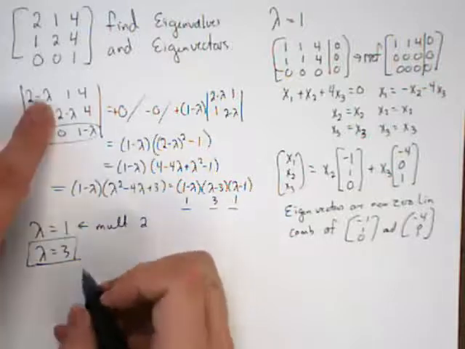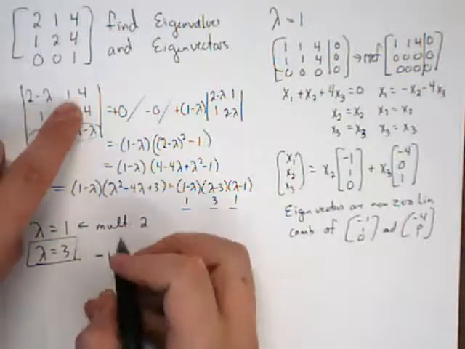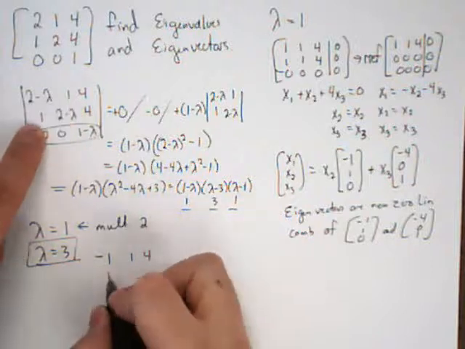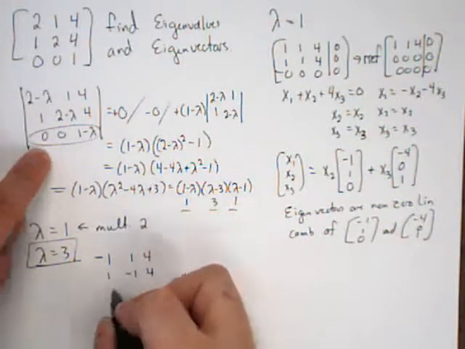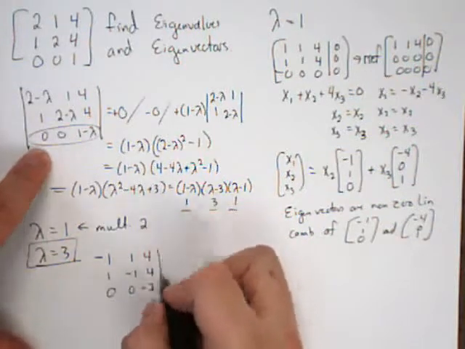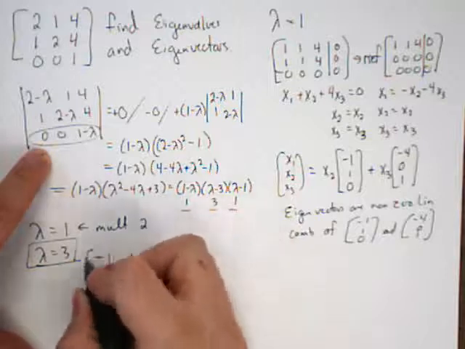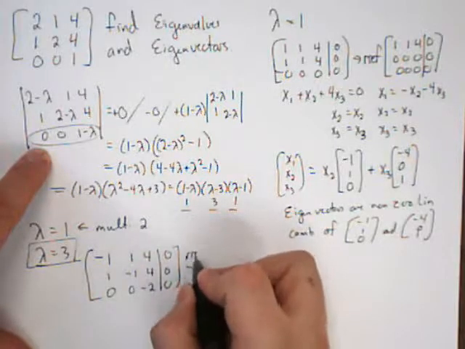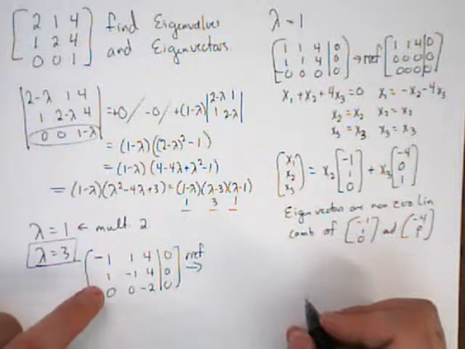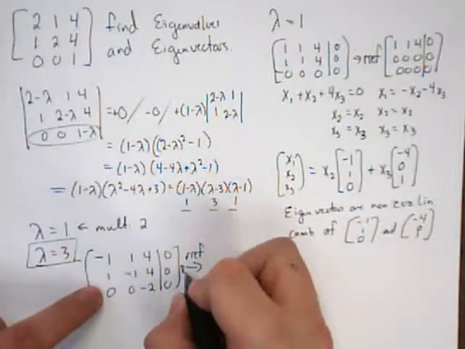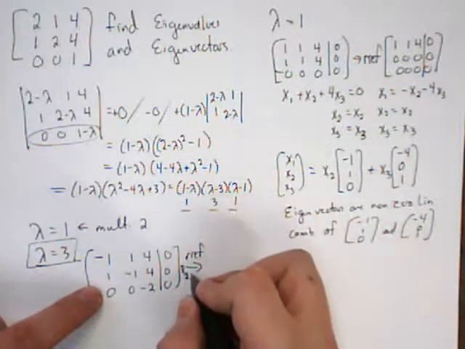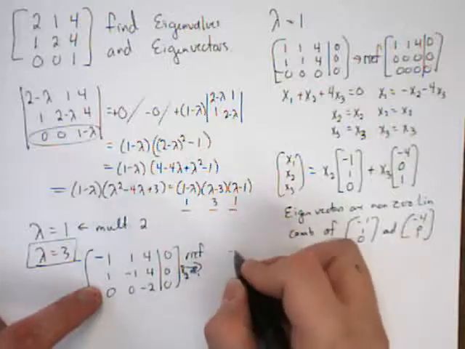If lambda is 3, we subtract 3 from the diagonals, giving us negative 1, 1, 4, 1, negative 1, 4, 0, 0, negative 2. We augment by 0, and then we reduce. So if I'm going to reduce this, first we're going to have to take row 2 plus row 1, and that'll help us with the first.